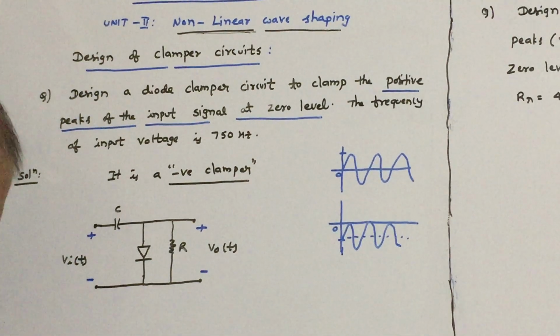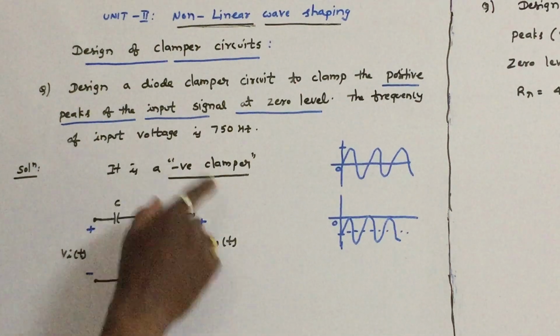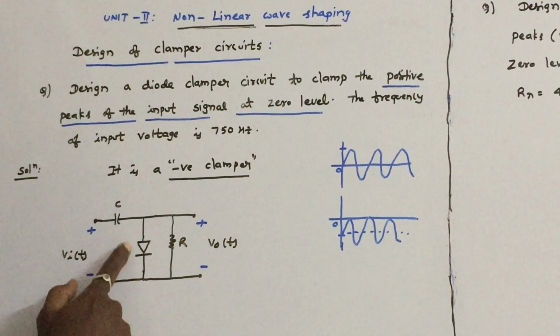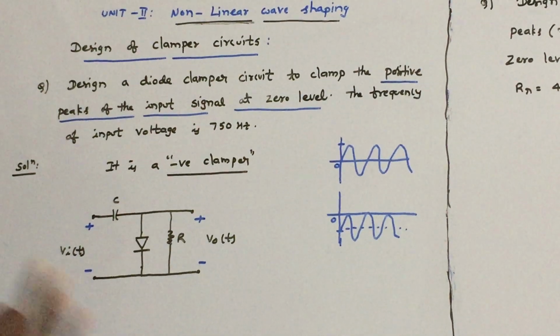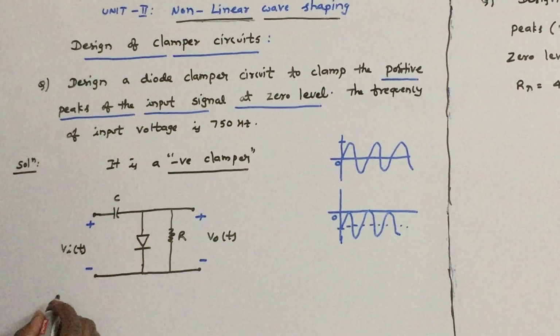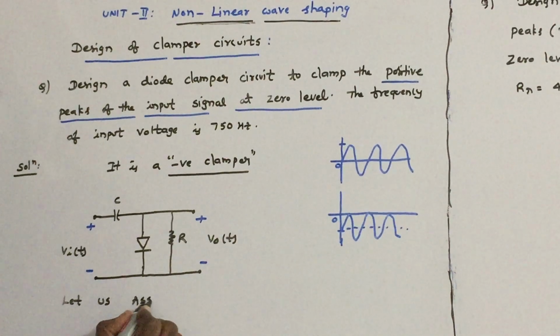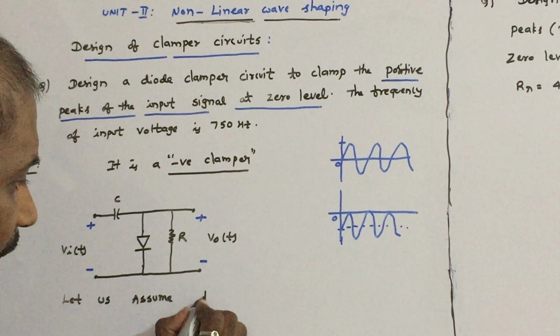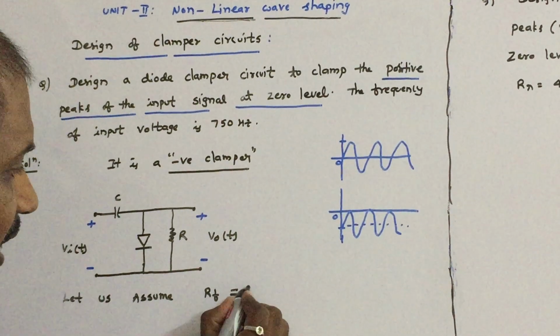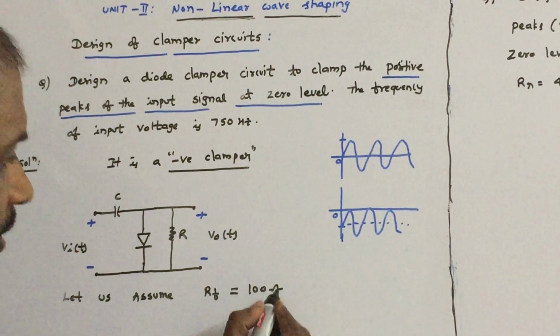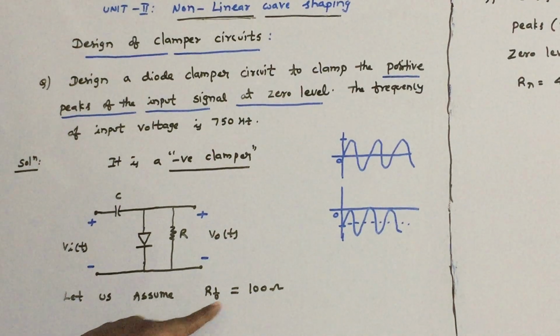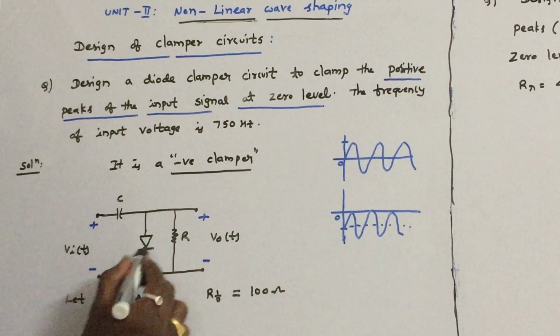Here in this problem the diode forward resistance and reverse resistance are not given. So for this purpose let us assume RF, the forward resistance of the diode, is 100 ohms. For every problem, assume the forward resistance of the diode if it is not given.